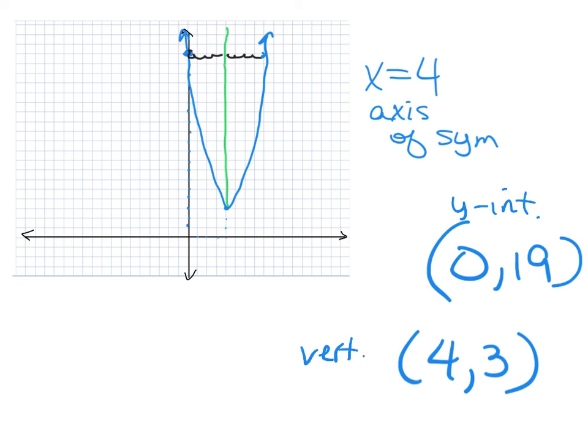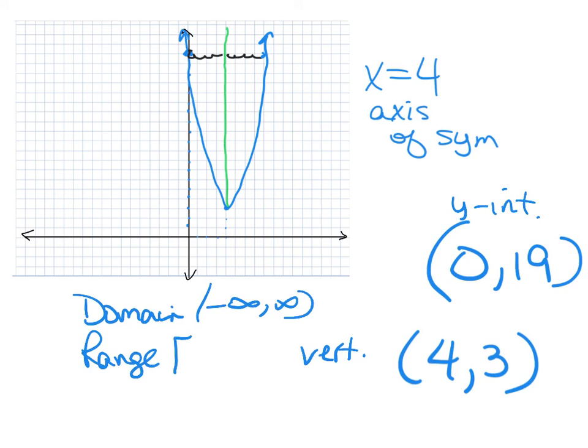This was the vertex. The domain of this is what? Beautiful. And then the range? 3, infinity. Good. And then there are no x-intercepts. It does not cross the x-axis. Okay, so here it's numbers 13 through 25 odd.